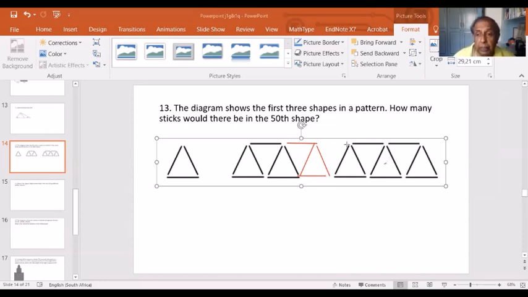So this is the shape that I'm adding. In other words, I can calculate how many sticks you're adding at each stage.